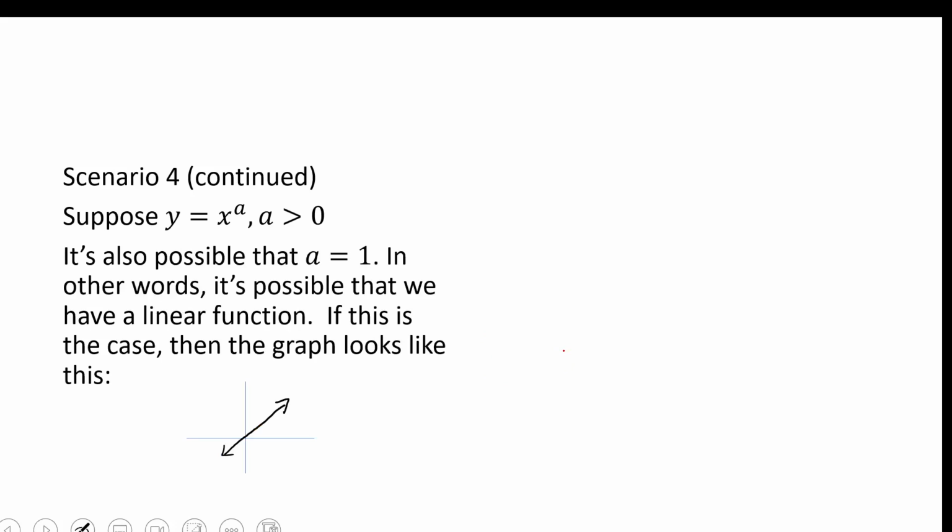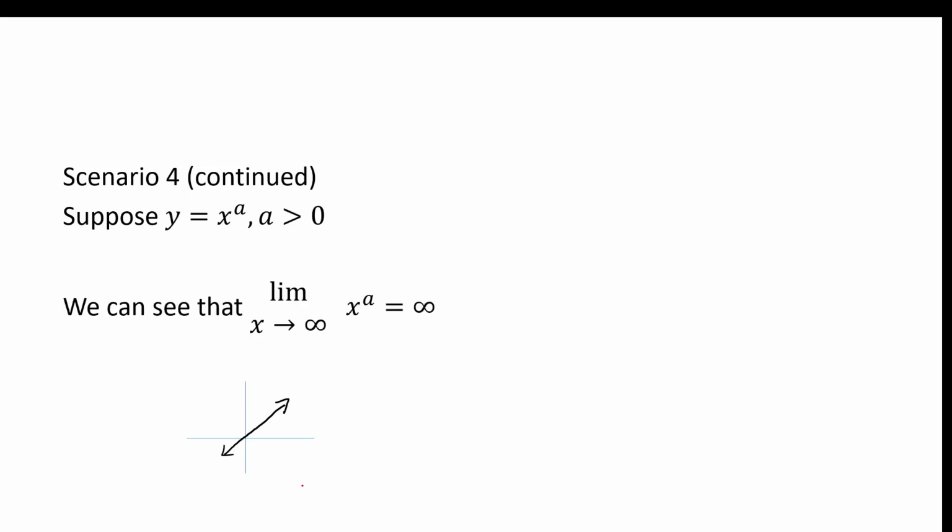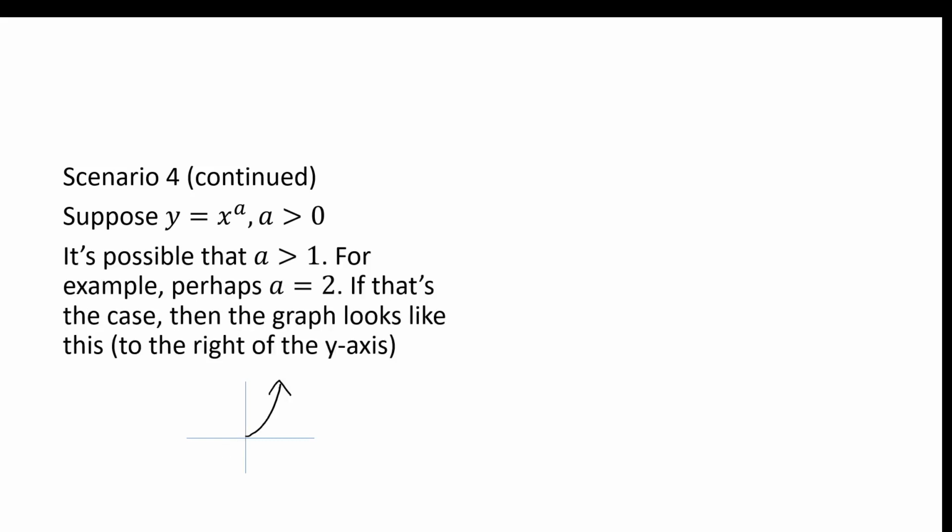Now, it's possible a equals 1. In other words, it's possible we're talking about the function y equals x to the 1, and that's just the same as y equals x. And so, we see the curve there, and we'd be able to say that the limit as x goes to infinity of x to the a is infinity. And it's also possible that a would be greater than 1. So imagine you had something like y equals x squared or x cubed.